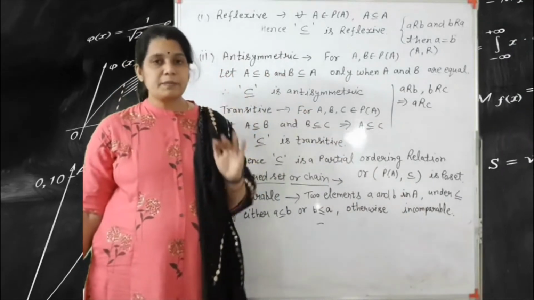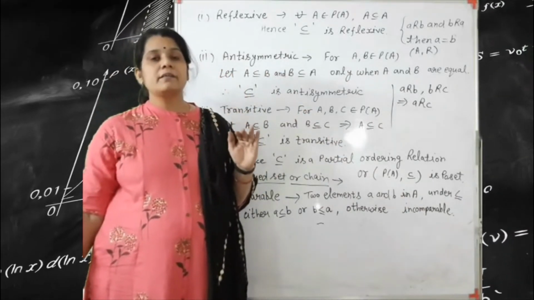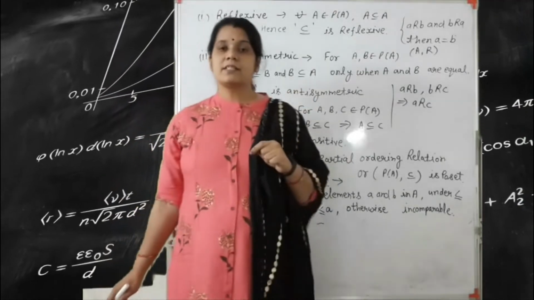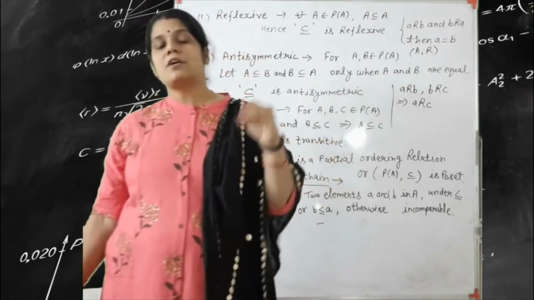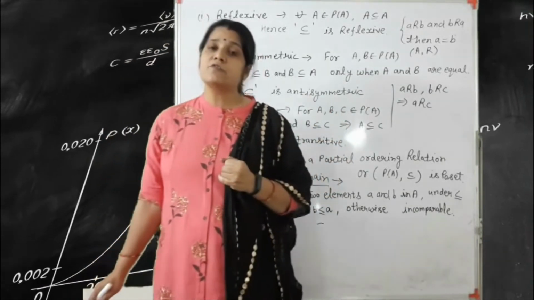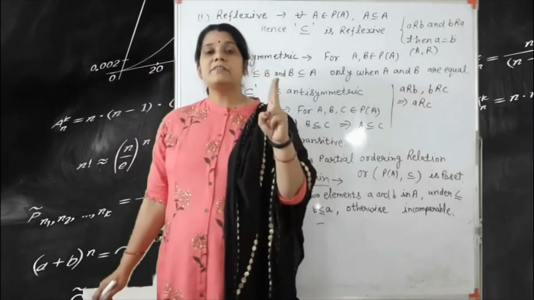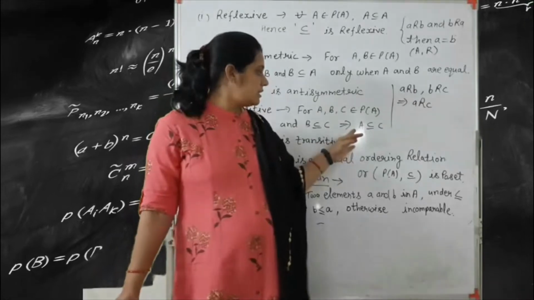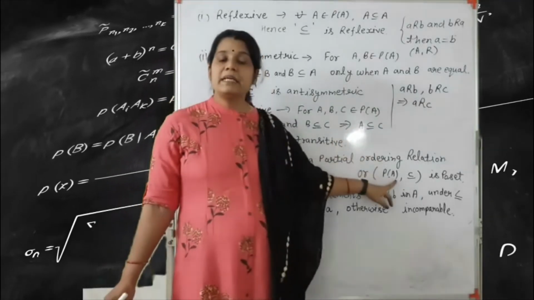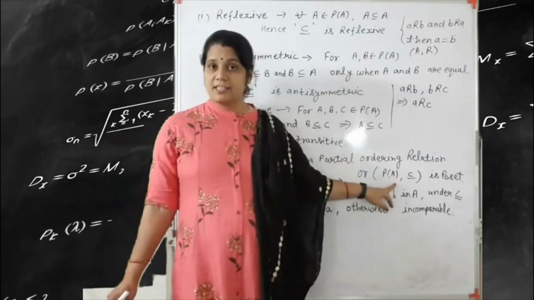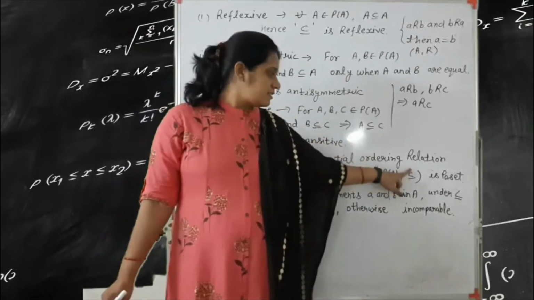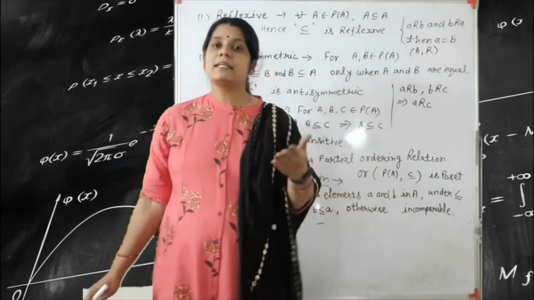So always keep in mind, if you find questions related to partial order sets, we use two points. Number one is the set and second is the relation. See the previous example: the power set of A is the set and subset or equal to is the relation.